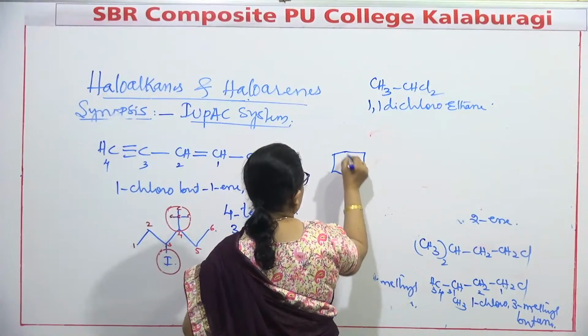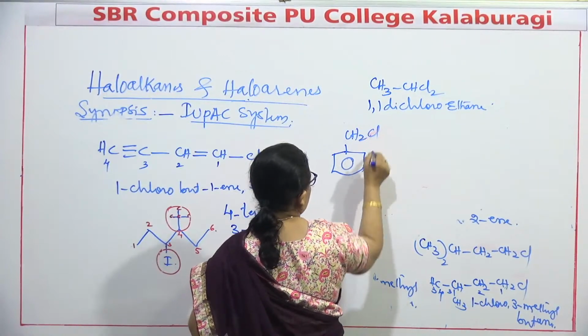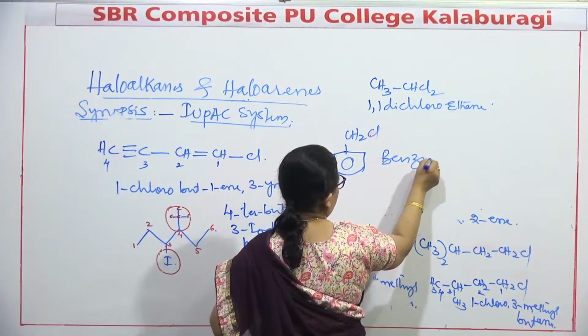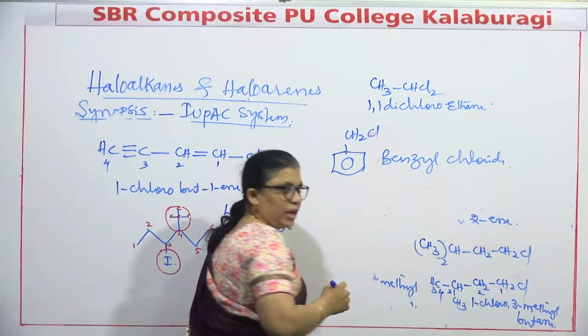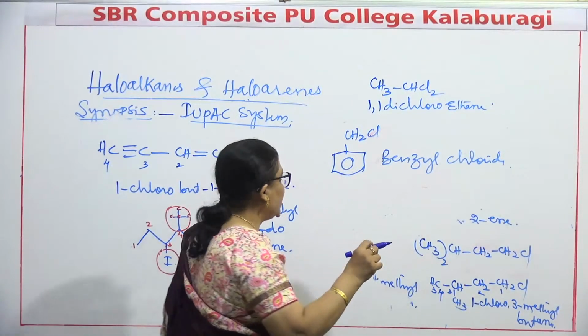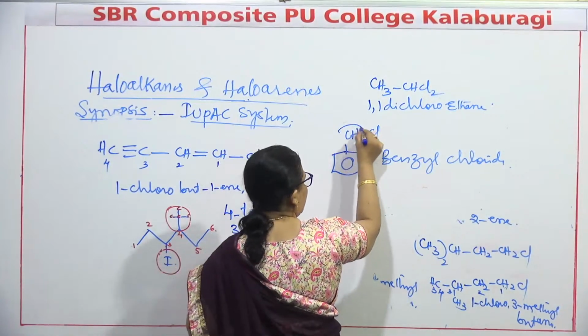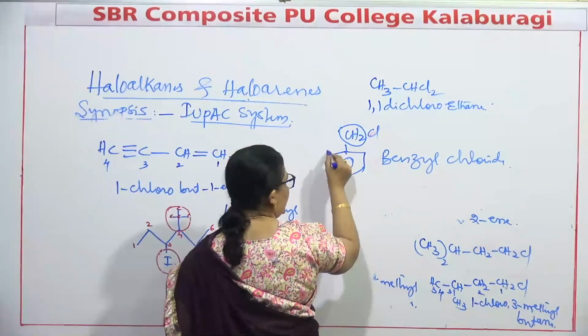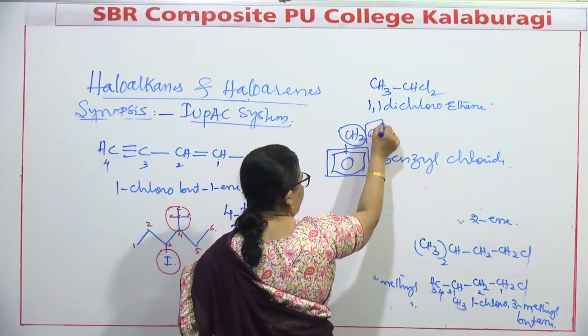Benzyl chloride. But if you see one more name, this is methane, only one carbon atom, containing one side phenyl, one side chloro.